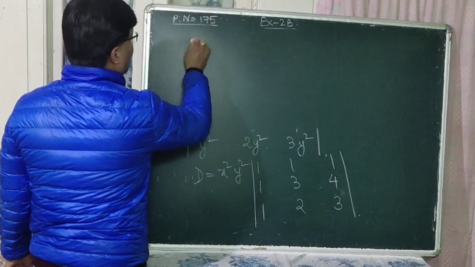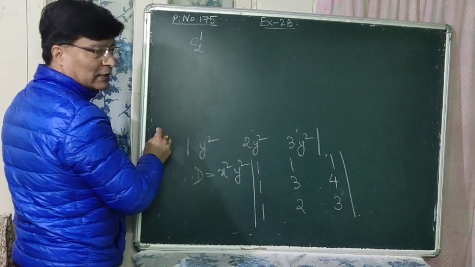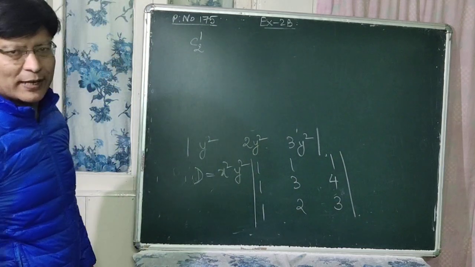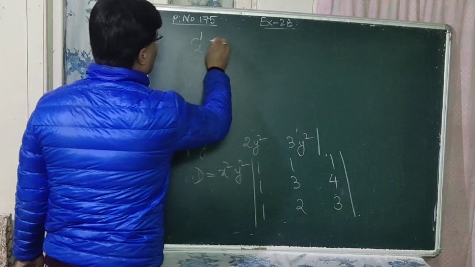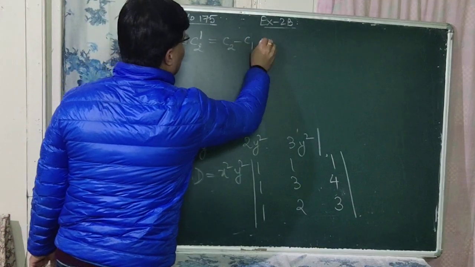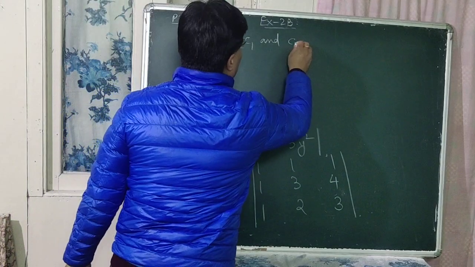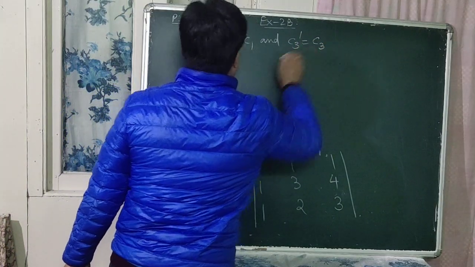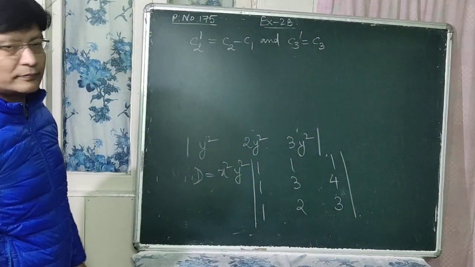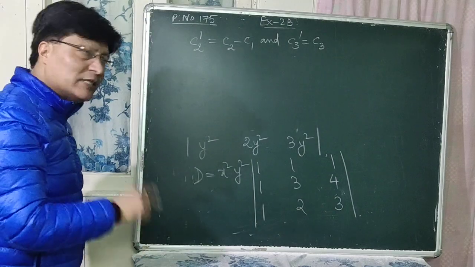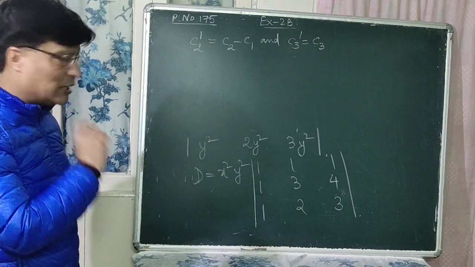So you can use the property. This is known as a property, not a formula actually. So C2 dash is equal to C2 minus C1, and you can write C3 dash is equal to C3 minus C2 or C3 minus C1 also.